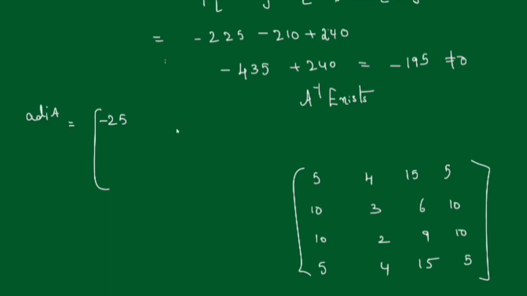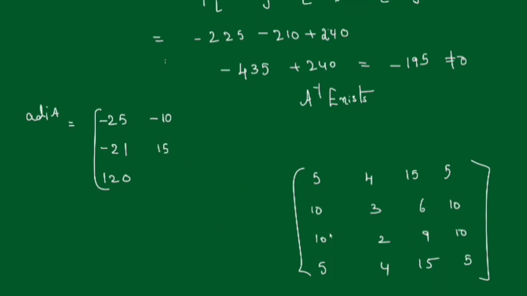Write it as a column matrix. 5 into 3, 15 minus 40, I wrote it here. 24 minus 45 is minus 21. 150 minus 30 is 120. Next 4 elements. 10 into 2, 20 minus 30, minus 10. Then 9 into 3, 27 minus 12, 15. Write it like this.